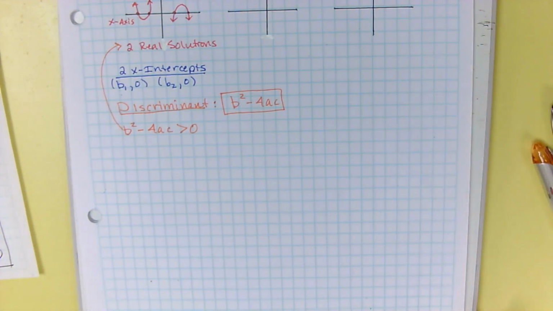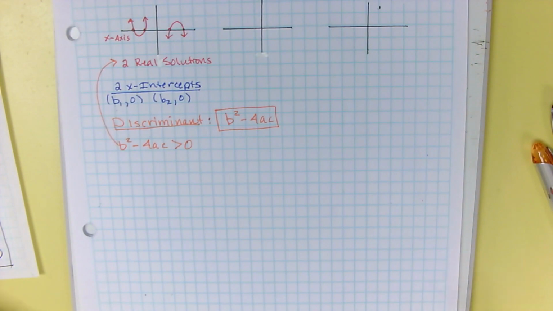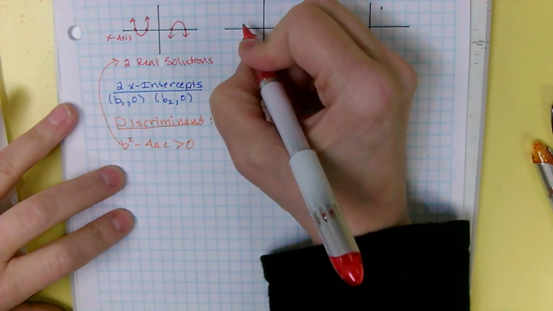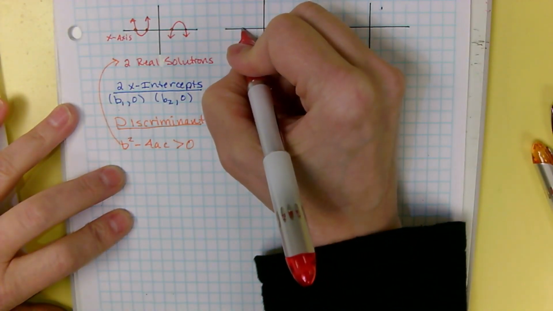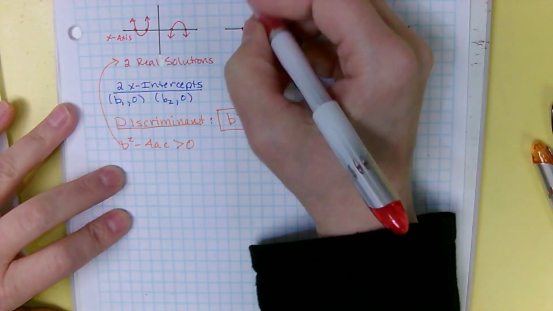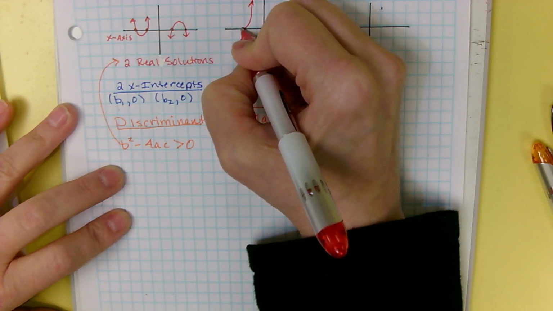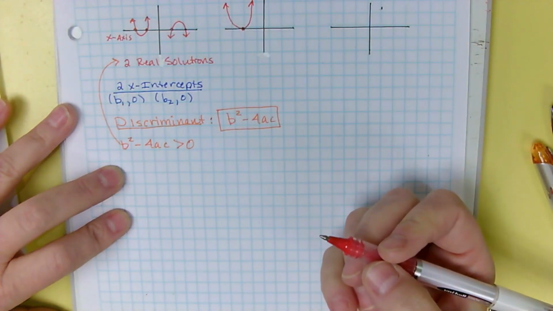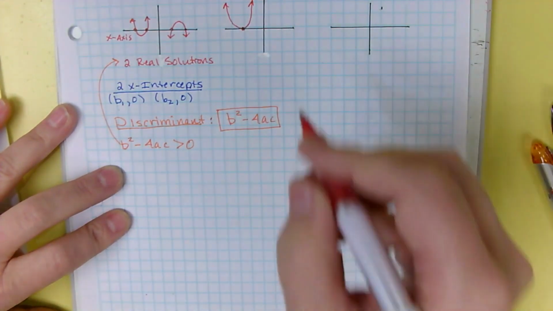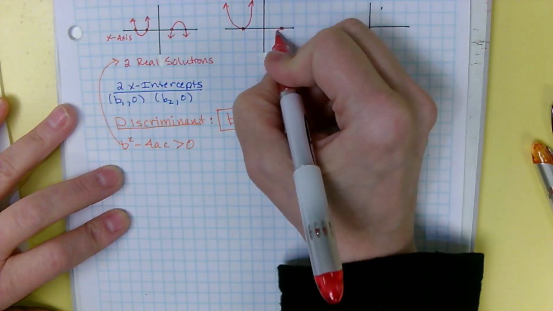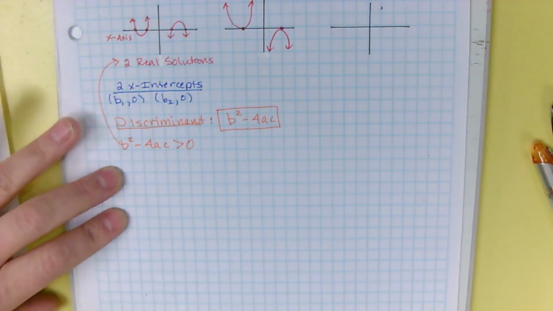Okay, sometimes when you do these problems, you're going to end up with the same solution twice. This is kind of rare, but if there's only one solution, it happens twice, it means the vertex of your parabola just barely touches the x-axis and nothing else. So it only touches in one place, whether it's opening up or opening down.